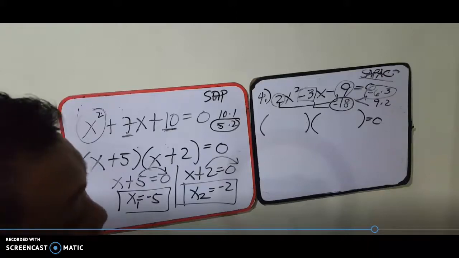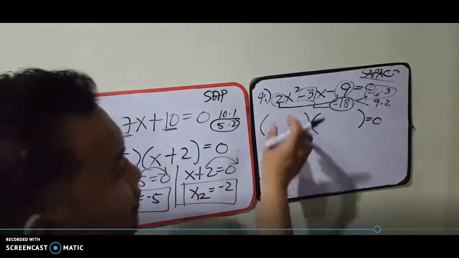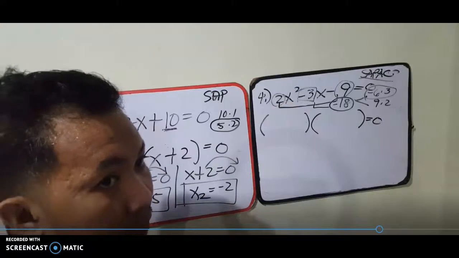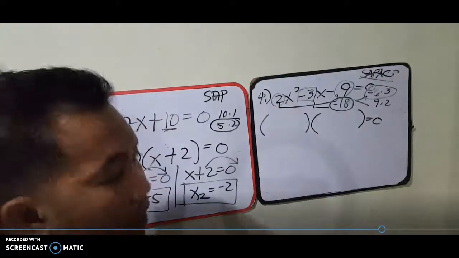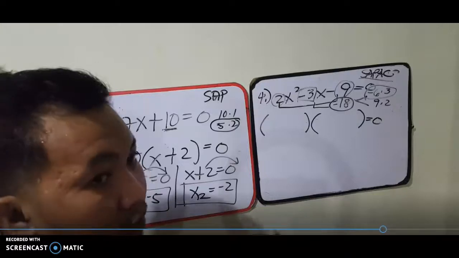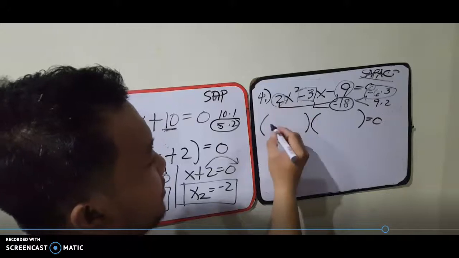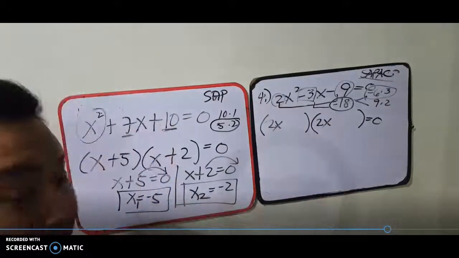Then, the first terms of its binomial factors are the numerical coefficient and the variable being used there. So that's 2 and x. We'll have here 2x and 2x.